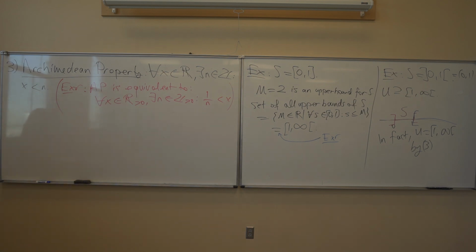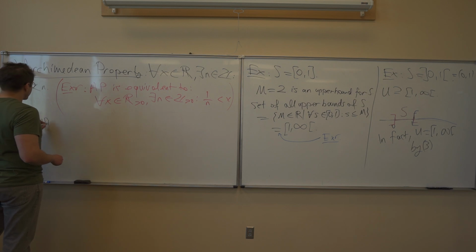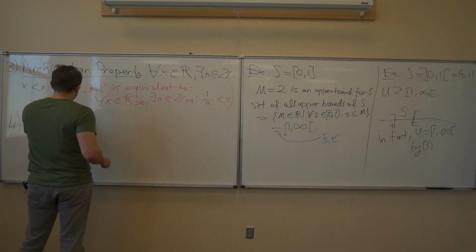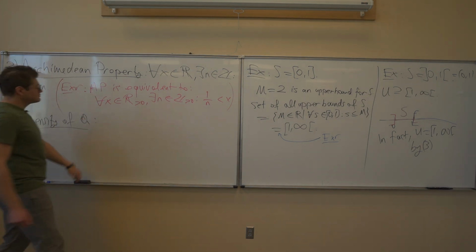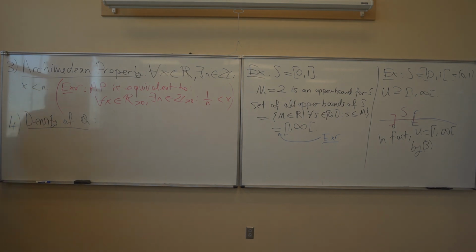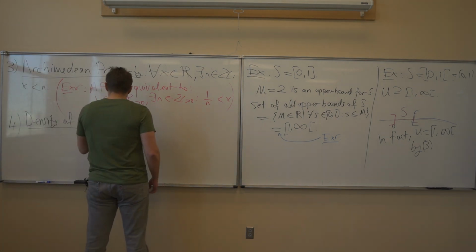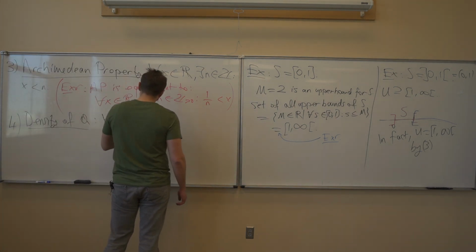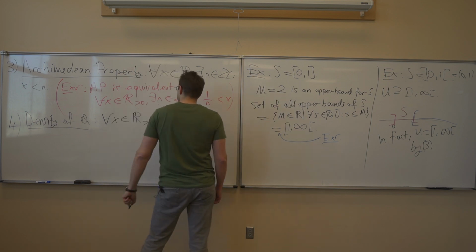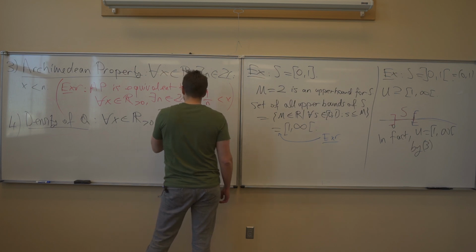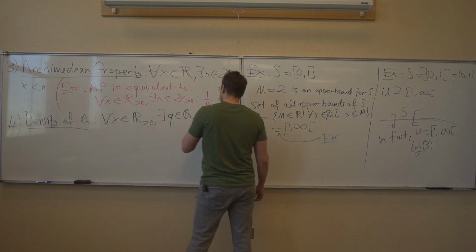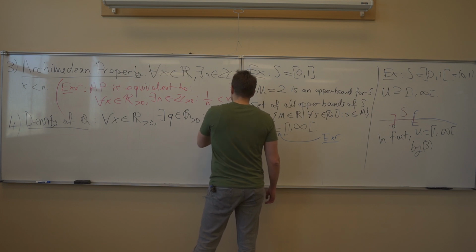And the fourth one that is important is what is called the density property of the rationals, which says that between any two numbers, oh, maybe let me put it this way, it's rather easier. For any x positive, there is a q rational positive such that this happens.